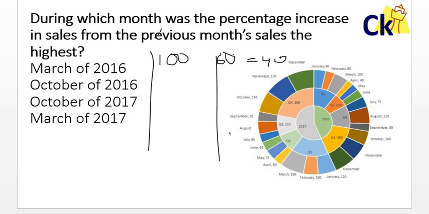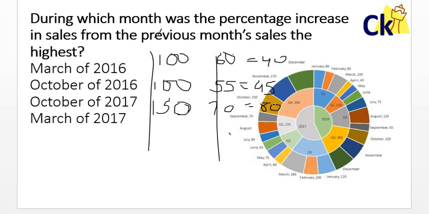Now let's see the next option, October 16, the value is 100, and the previous month is September, and the value for September is 55, so a change of 45. Now let's see for October 17, the value for October 17 is 150, and the value for September is your 70, so the difference is 80.